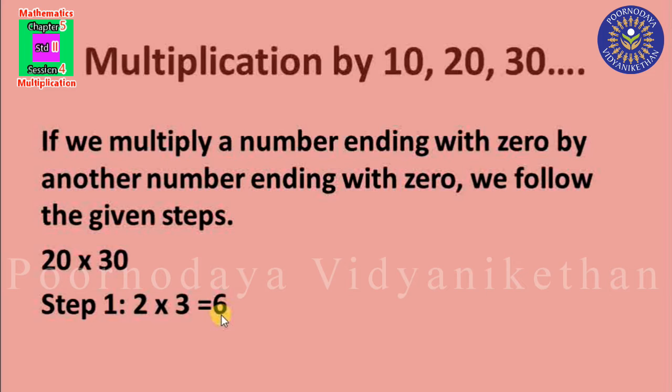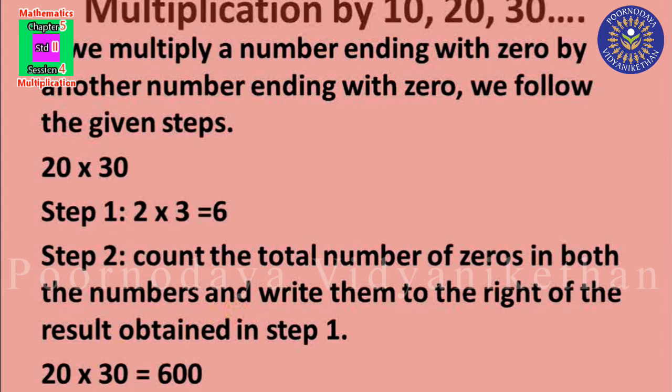Next what you have to do? Put the two zeros at the end of this 6. See here, 20 into 30 is equal to 600. Clear? Count the total number of zeros in both the numbers and write them to the right of the result obtained in step 1.